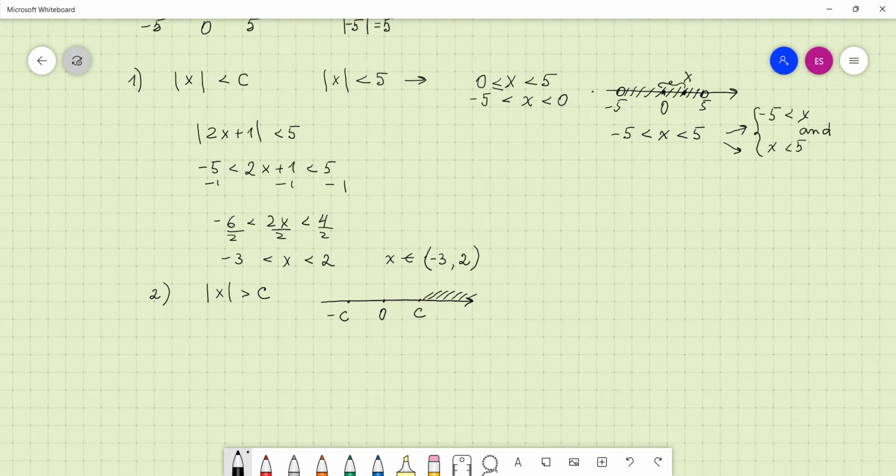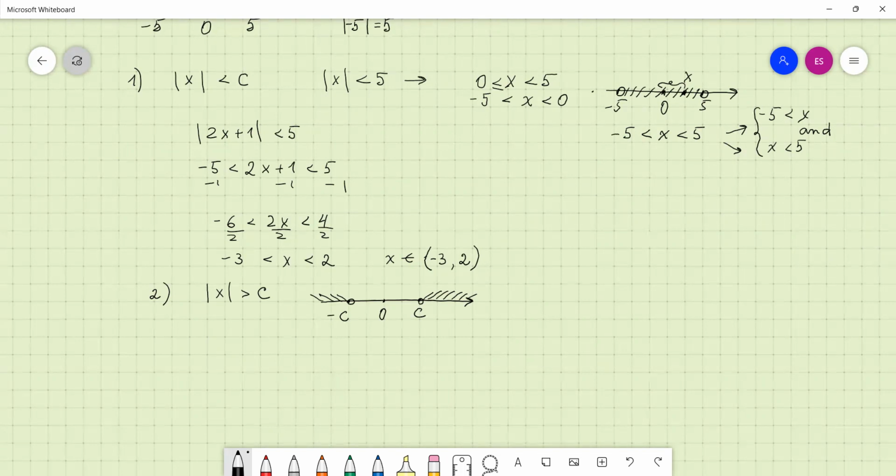All numbers over here are going to be greater than c. But when x is negative, it's going to lose a sign and again become greater than c, but only for these points, right? Because if we take a point between -c and 0, somewhere here, when it loses a sign, it's going to become a point over here, and it's not going to be greater than c, it's going to be less than c.